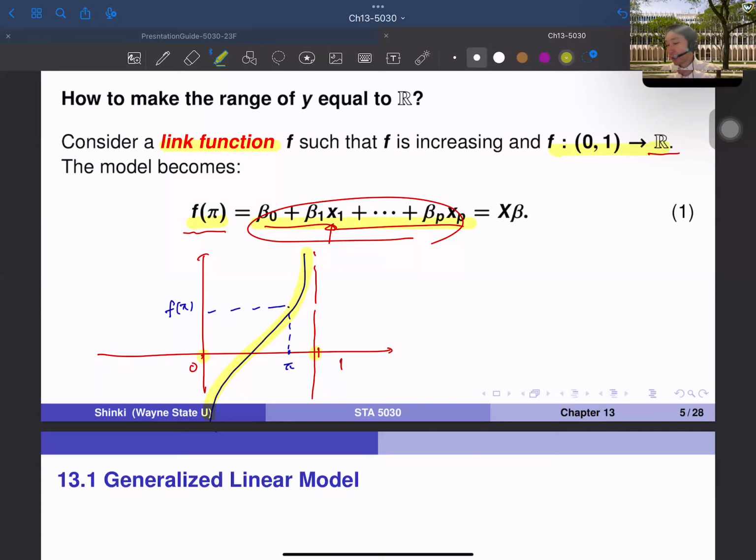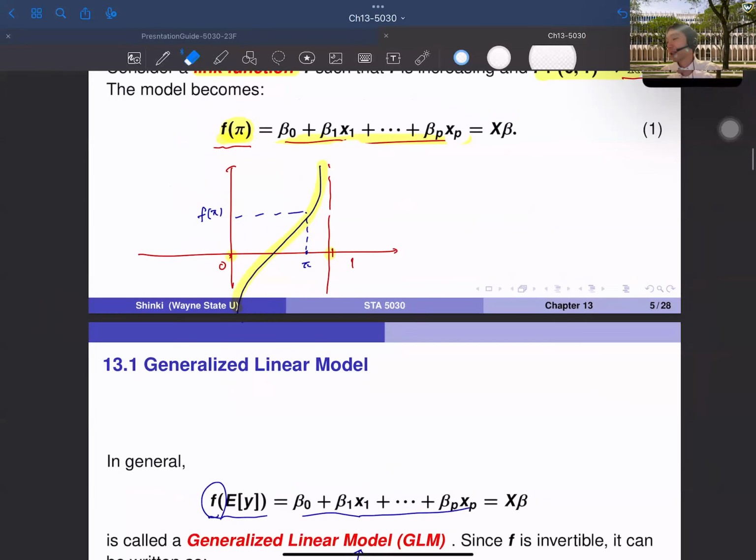In this way, the left-hand side is also a real valued variable whose range is the entire real numbers, so this model is consistent with the property of f of pi. Now the left-hand side is a totally continuous variable, so we can do regression.